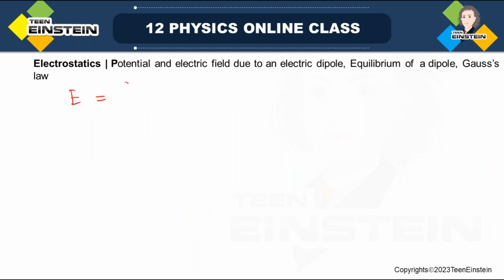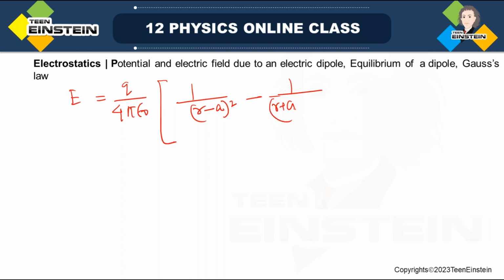I'm taking the magnitude anyway, q by 4 pi epsilon naught into, so this will give you 2a here with a minus sign obviously.